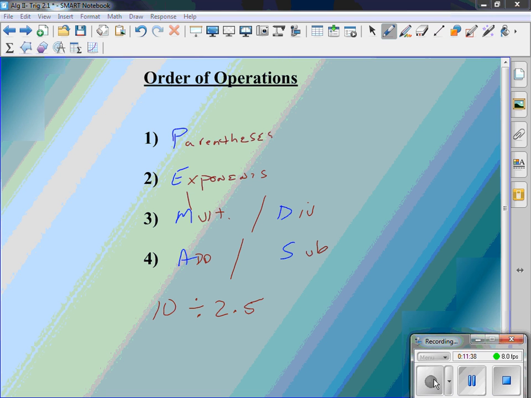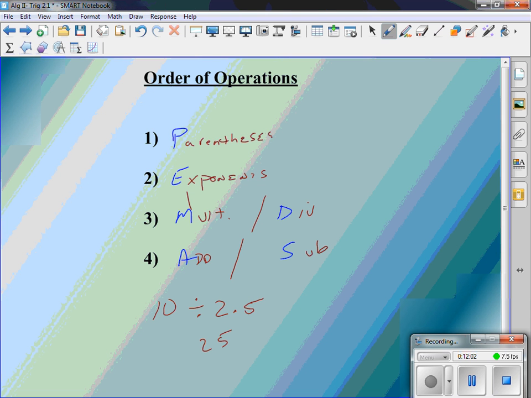You've seen this every single year, but yet I will still see people give me this answer wrong. What's 10 divided by 2 times 5? It is not 1. It is 25. Why? 10 divided by 2 is 5, and 5 times 5 is 25.